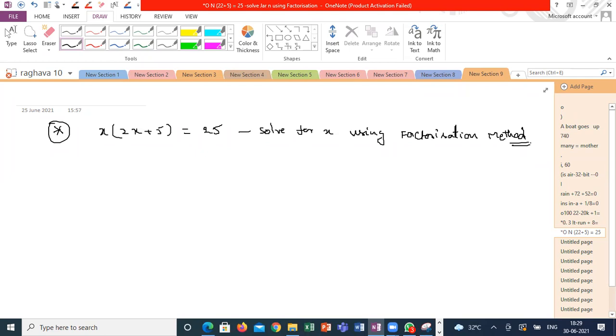What is the standard form of this equation? Anyone got the standard form of this equation? 2x square plus 5x minus 25 equal to 0.